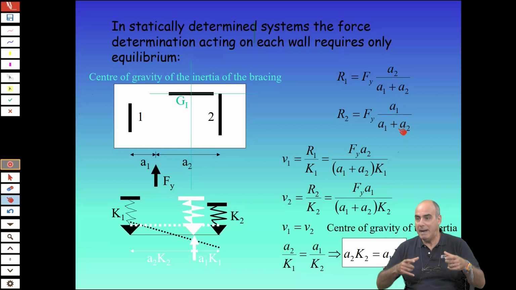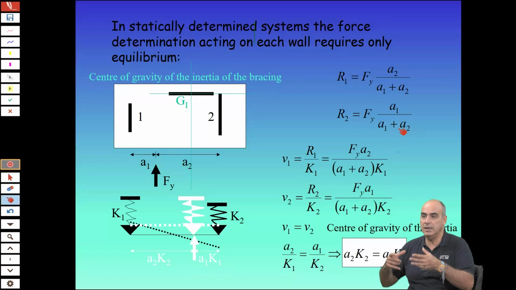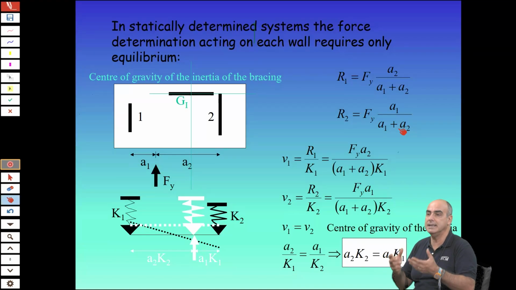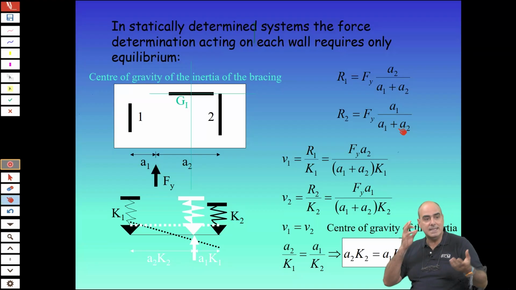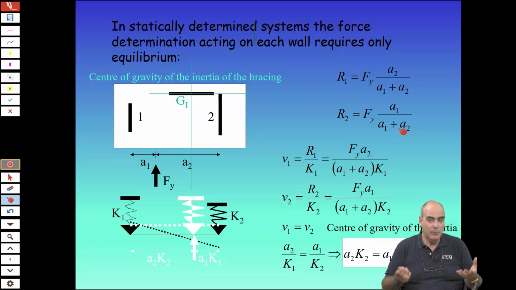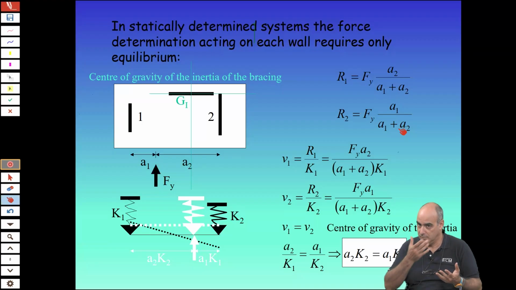The mass multiplied by the acceleration in classical mechanics is a force. So this is the inertia force. Since it comes from the mass of the floor systems, it's applied in the center of the mass. And where is the center of the mass? Well, more or less it is in the geometrical center.